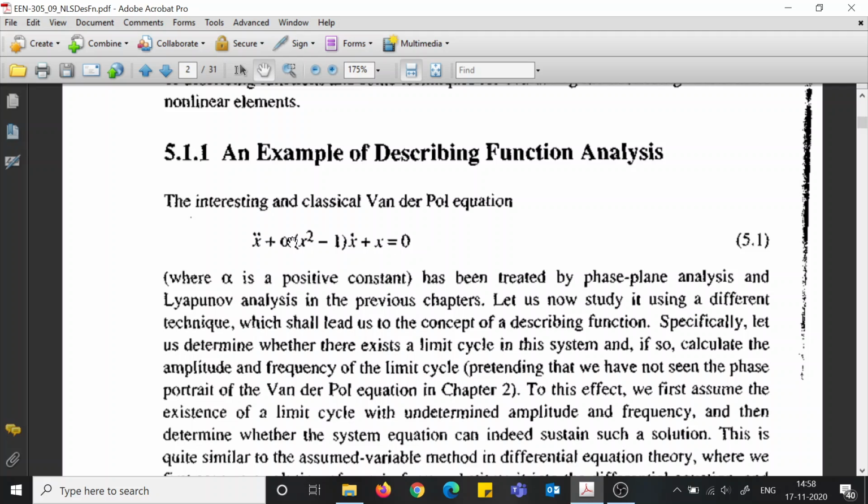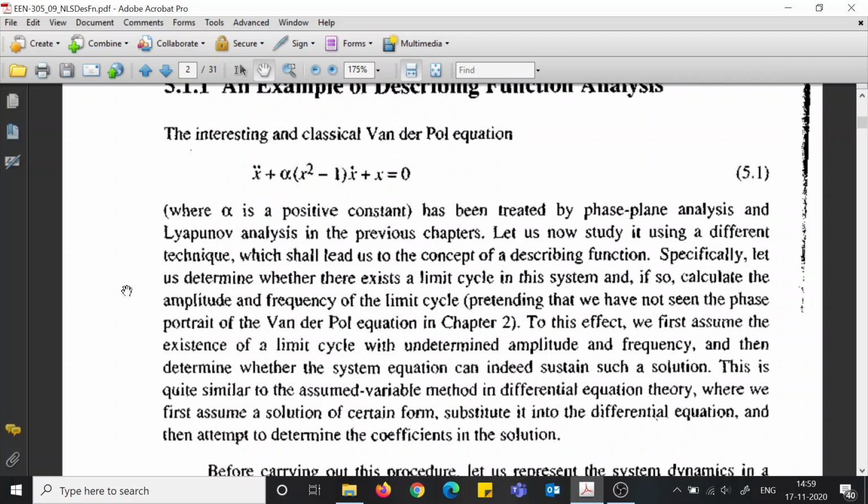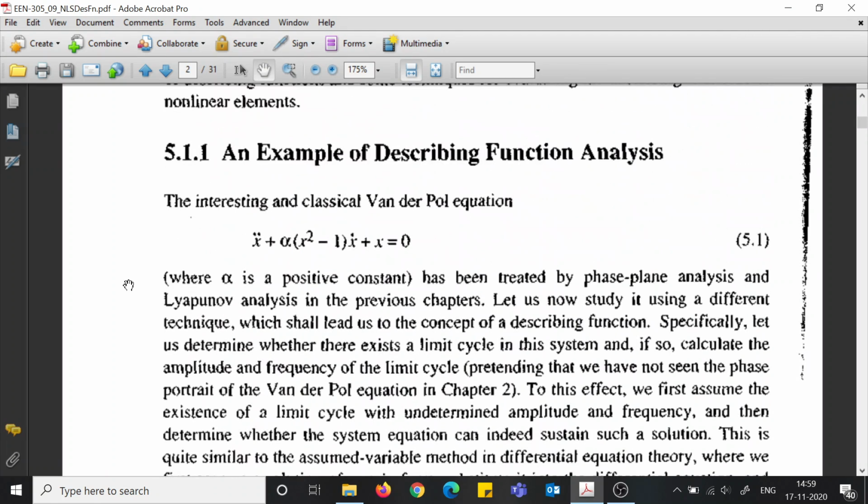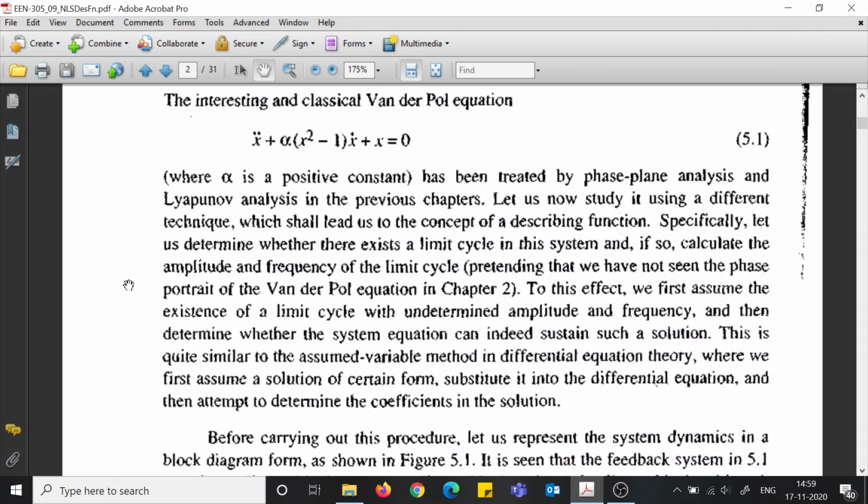You can see that the van der Pol equation is here again, and this basically indicates that describing function analysis is an analysis through which we come to understand the limit cycle behavior of a nonlinear system. So when would a system have this sort of limit cycle behavior?